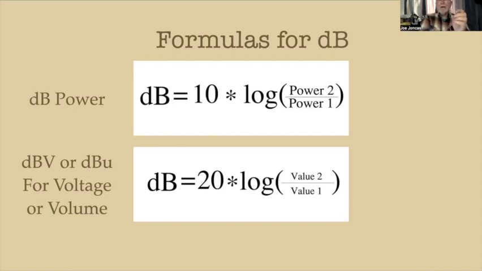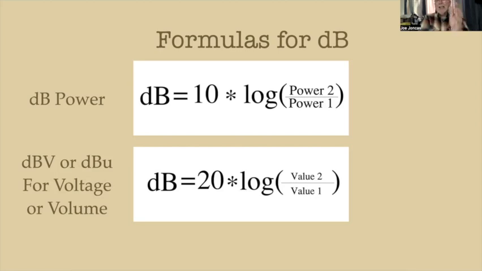There's power, which is if you've got 5 watts and you go to 100 watts, that's a 20 dB gain. And the other kind is in volts. Now, power is current times voltage, right? That's something that's multiplied. It is volts times amps, and that gives you power.